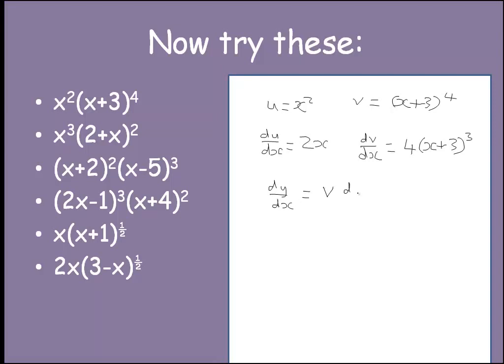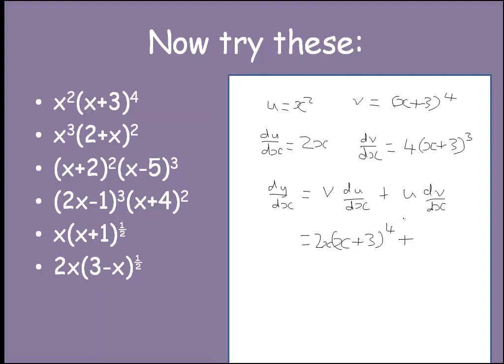And then all we do for our dy dx is write out the product rule. It's v du dx plus u dv dx. So that's our product rule, and we just put each bit in. So v is (x plus 3) to the power of 4. Du dx is 2x. Well, we'll put that in front because that looks a lot better, doesn't it?